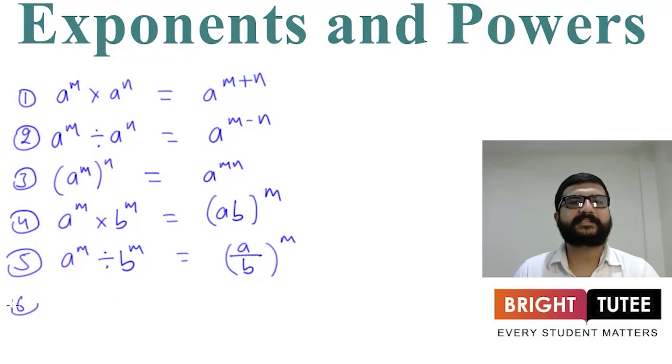And then the sixth one, it was any number to the power 0 is equal to 1, and that number should not be equal to 0. So it is any non-zero a raised to the power 0 is equal to 1. Here a is non-zero, that is a is not equal to 0.